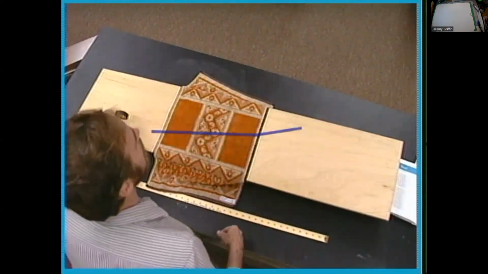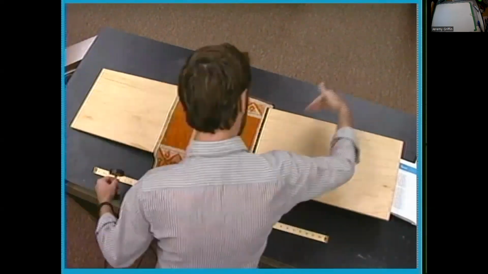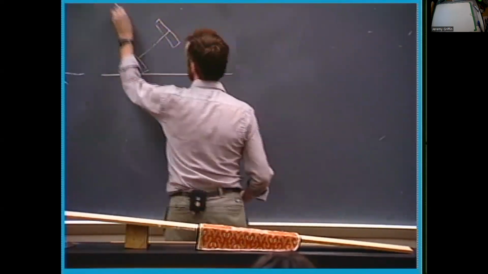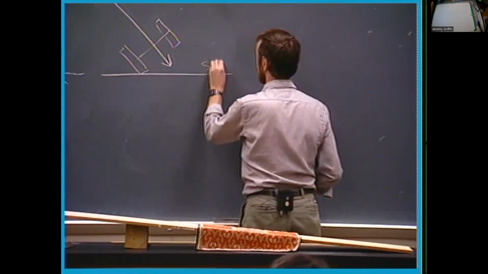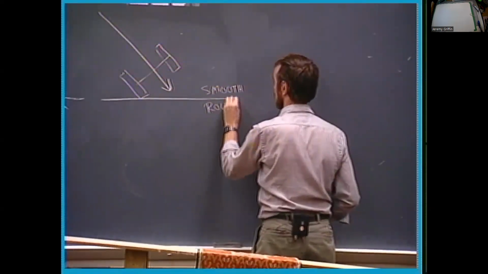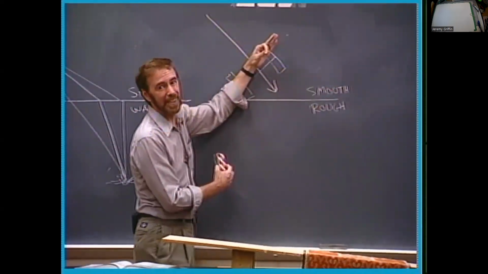did you see it bend? It came down like this and then bent. Let me put that on the board. My wheels are coming down in this direction, and they're coming from the smooth surface to the rough surface. When the wheels get to the rough surface, what happens to the speed of the wheels?